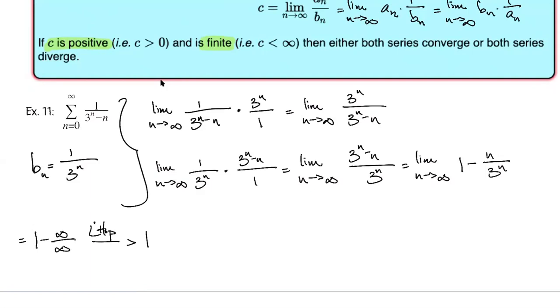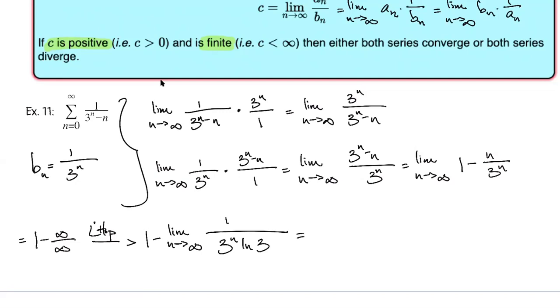So I'm going to get 1 minus the limit as n approaches infinity of the derivative of n, which is just 1. The derivative of 3 to the n, we don't see this often, but it's 3 to the n times the natural log of the base, which in this case is 3.